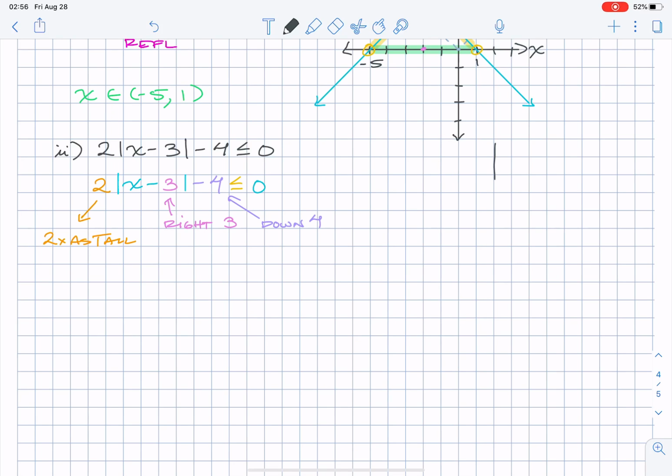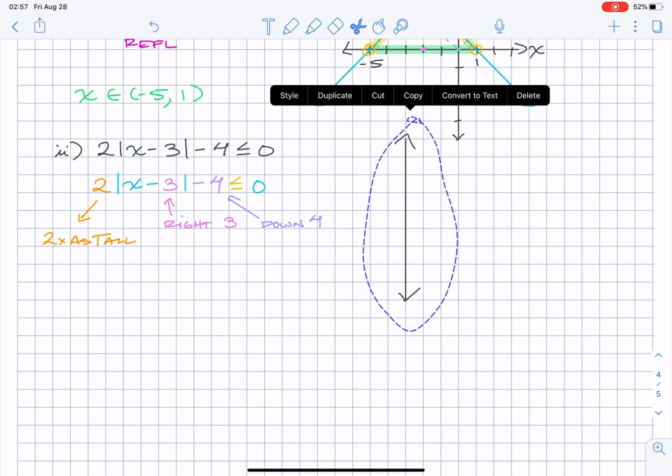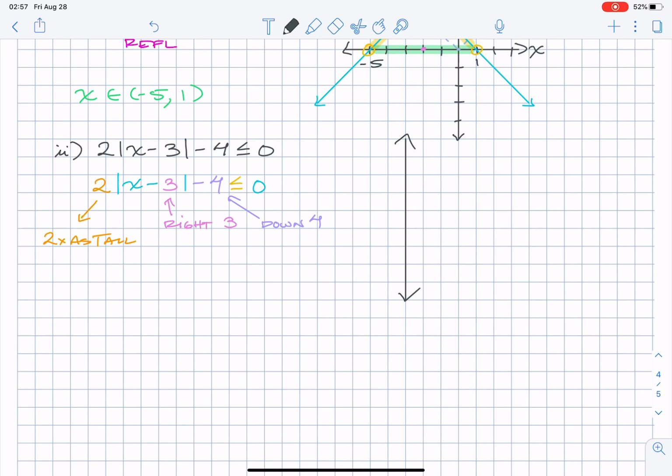So x and y coordinate axes. Going right 3, so I should maybe put this over here. Something like so. So x and y. Maybe I should have moved it over a bit.